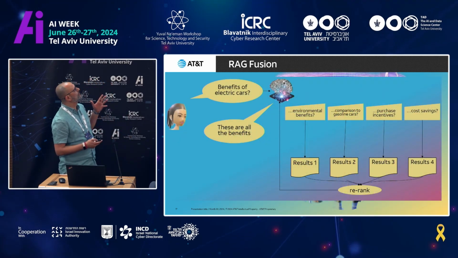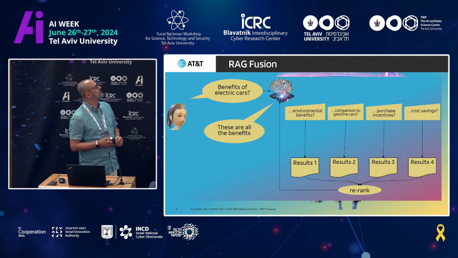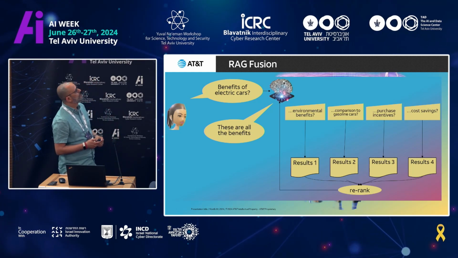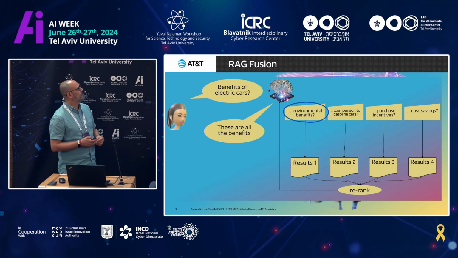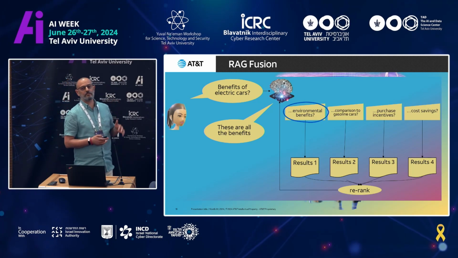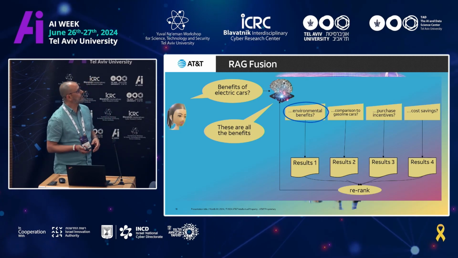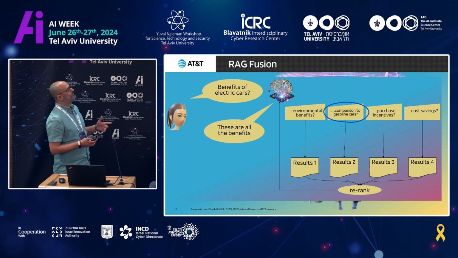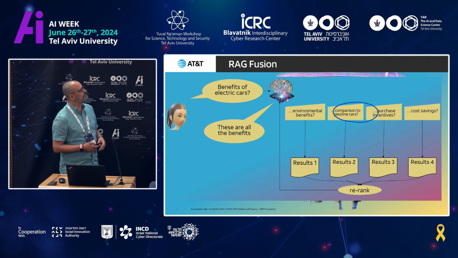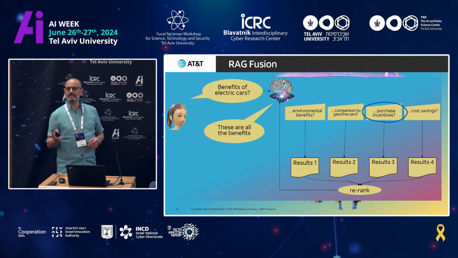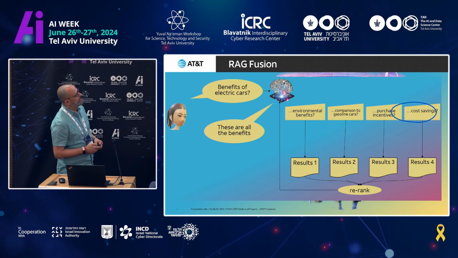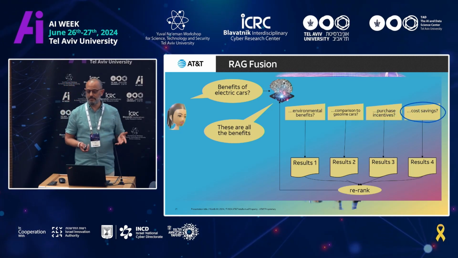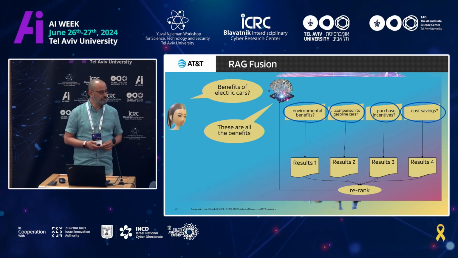So let's say the original query is about benefits of electric cars. The model can generate the following sub-queries. What are the environmental benefits of electric cars? Provide a comparison to gasoline cars. What governmental incentives can I get when I want to purchase an electric car, and what are the cost savings I can expect from electric cars.